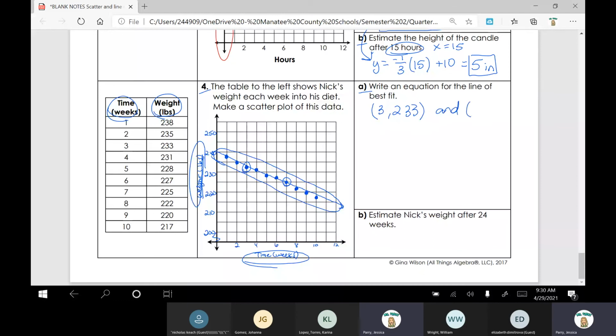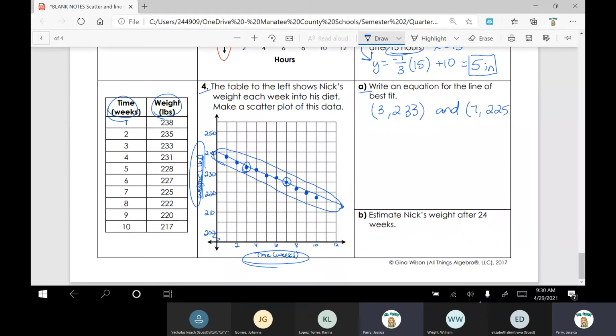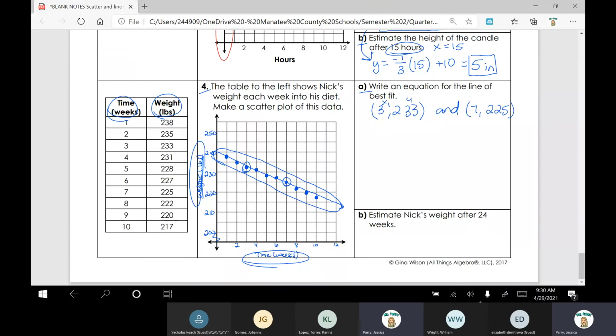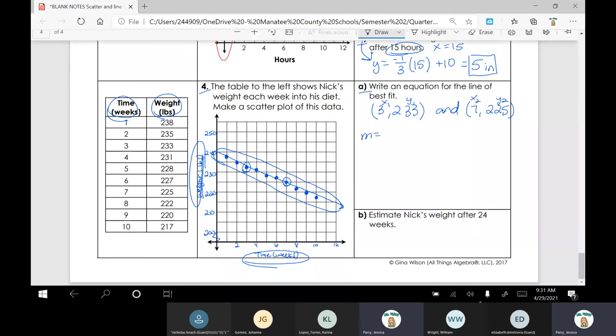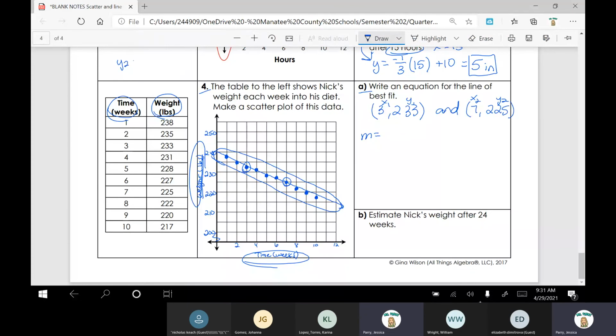And our next one, 7, 225. Label x1, y1, x2, y2, and then we plug it into our formula that y2 minus y1 over x2 minus x1.